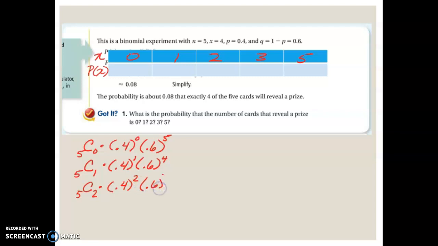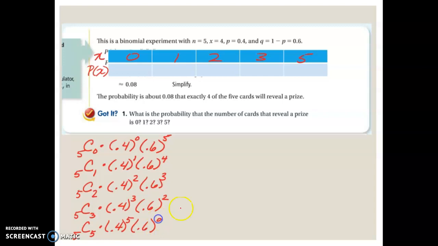Failure, 0.6, you get 3. 3 out of the 5 winners. 0.4 chance, 3. 0.6, 2. 3 plus 2 is 5, just like it does all the way down. And the last one, all 5 are winners. 0.4 to the 5, and then 0.6 to the 0. Okay.